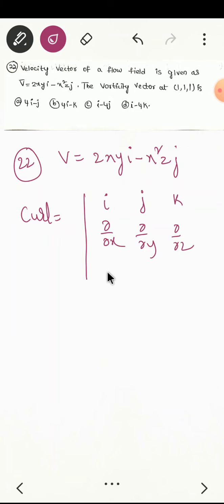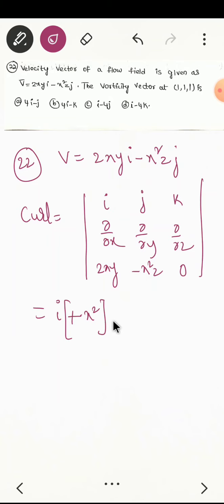The i coefficient is how much? 2xy. The j coefficient is minus x square z. The k coefficient is 0. This is the way you have to find curl. Find the determinant: i into 0 minus dou by dou z of minus x square z. What you will get? Minus x square, that will be plus x square. Minus j into 0, with respect to z this is 0.